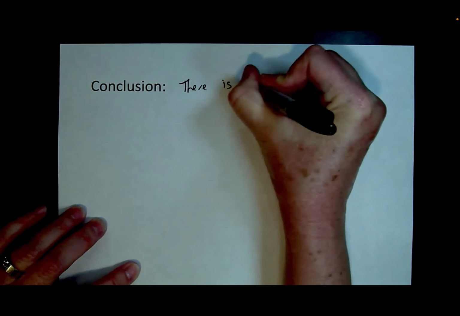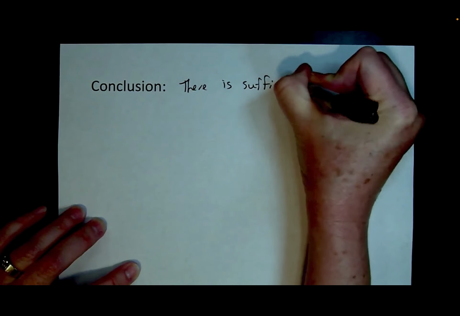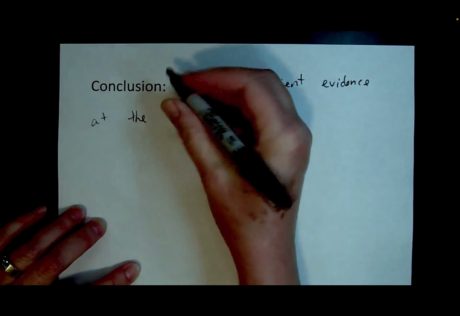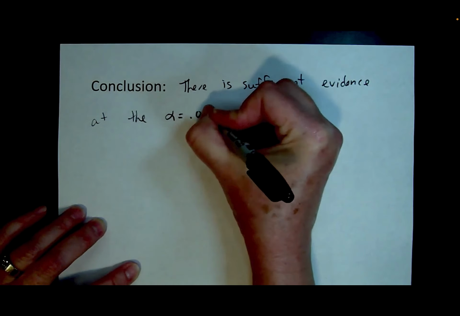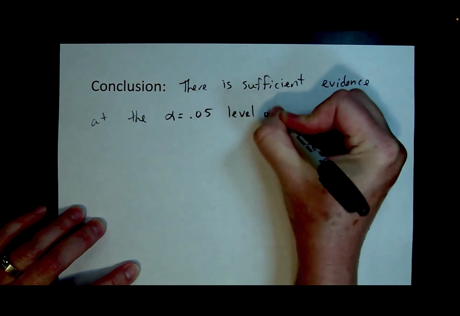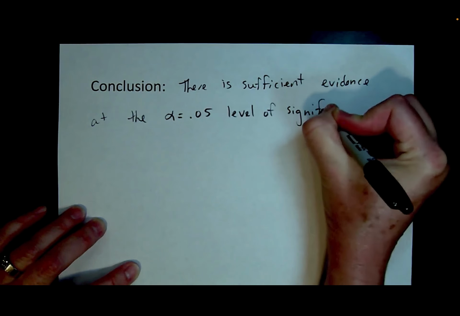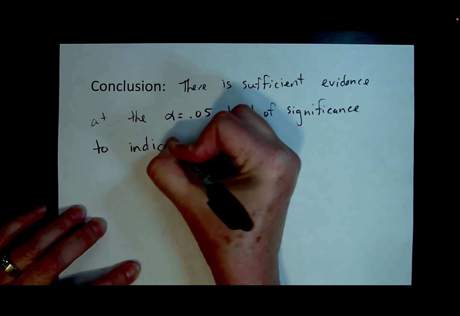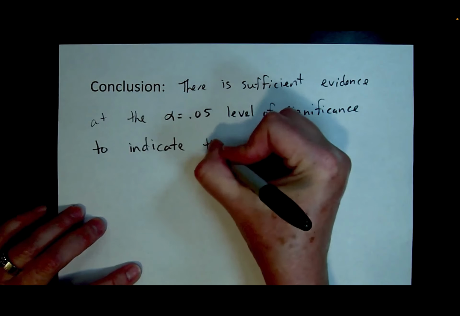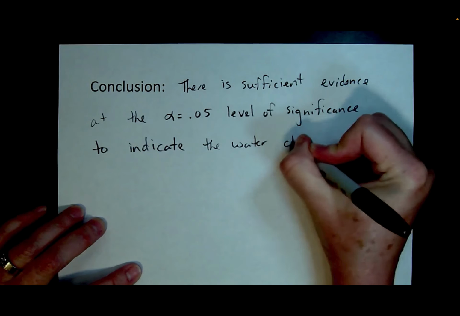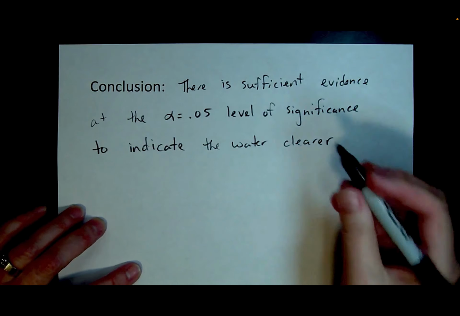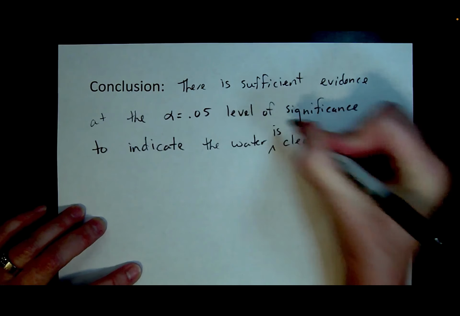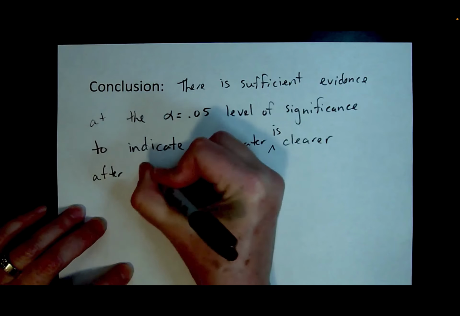There is sufficient evidence at the alpha equals 0.05 level of significance to indicate the water is clearer after 5 years.